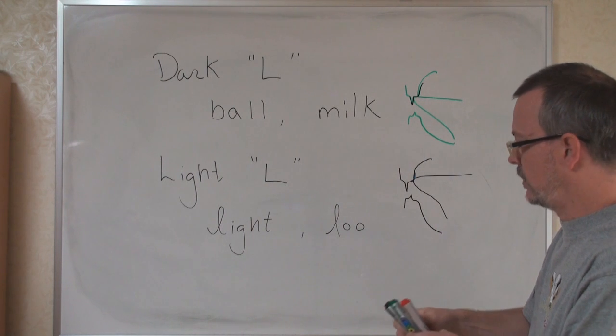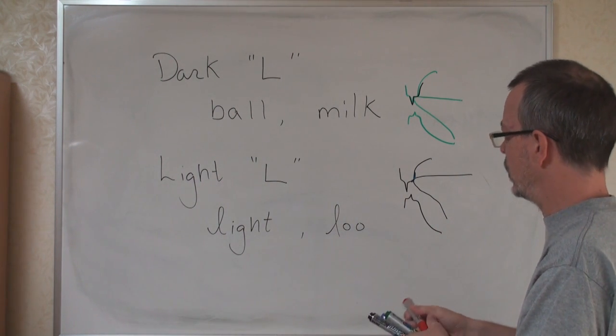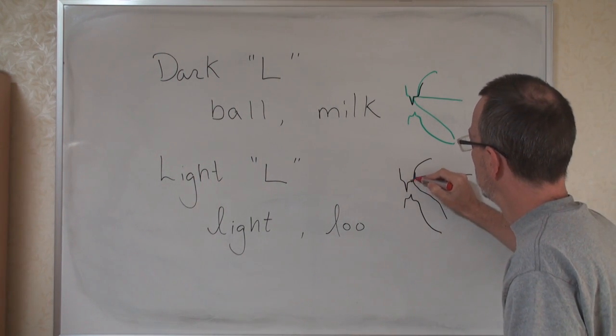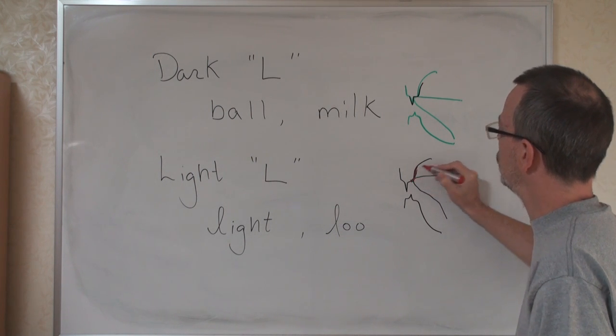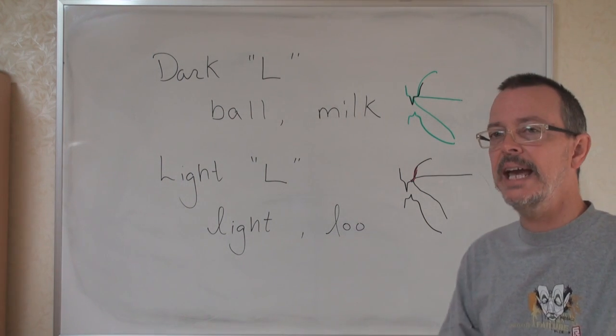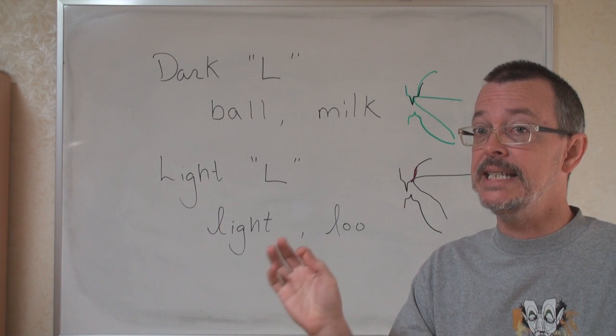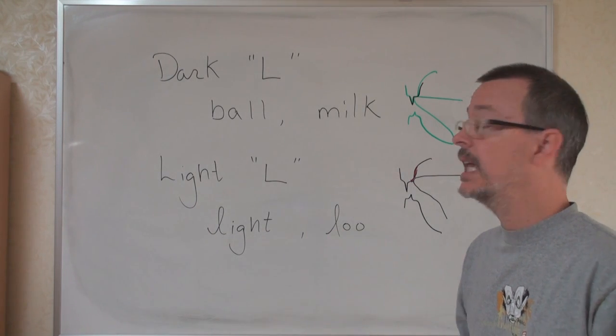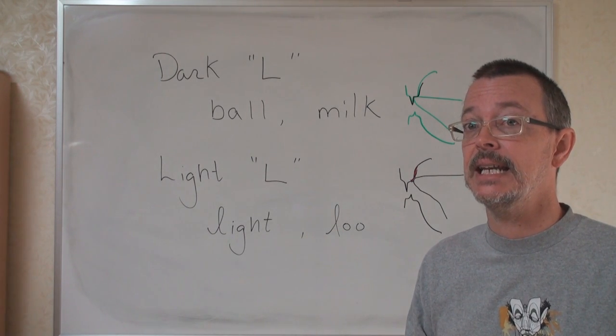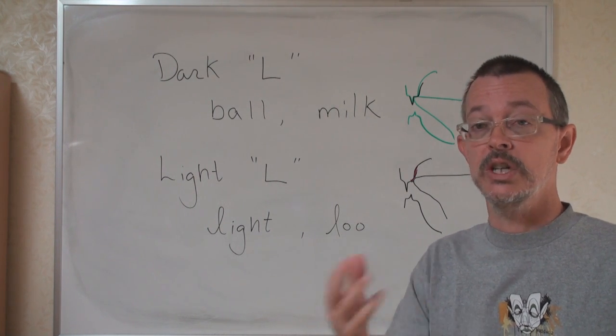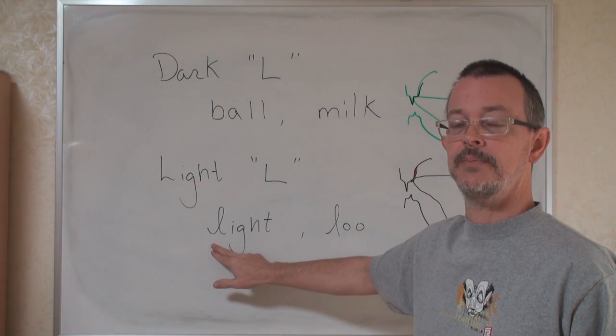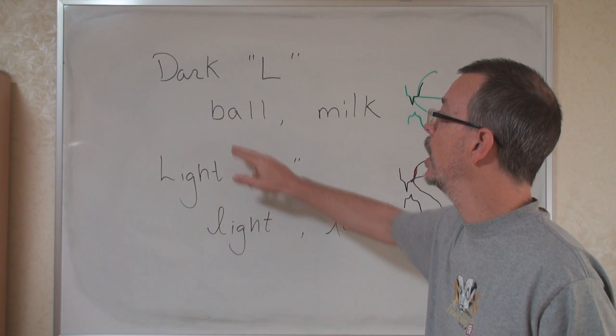The lower side of the alveolar ridge. And it's very similar to the D and the T placement. Light, light. So a dark L, light, light.